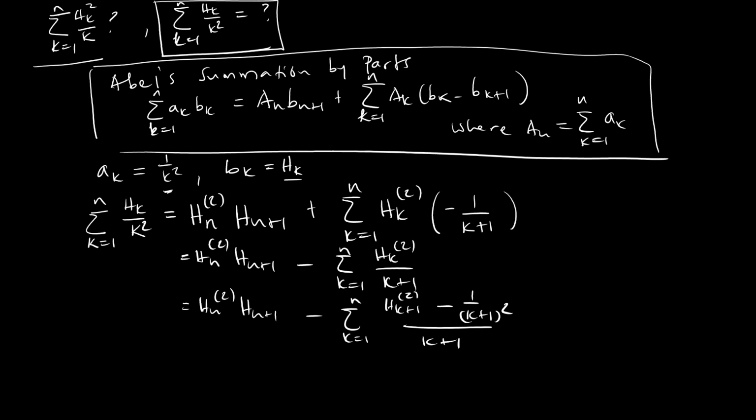Okay, and so we can reorganize this second part so that we have H_n squared H_{n+1} minus the sum from k equals 1 to n of H_{k+1} over k+1 minus 1 over (k+1) cubed.